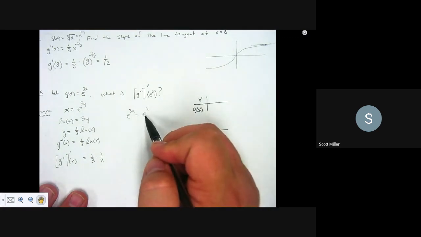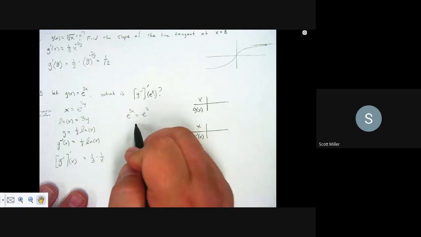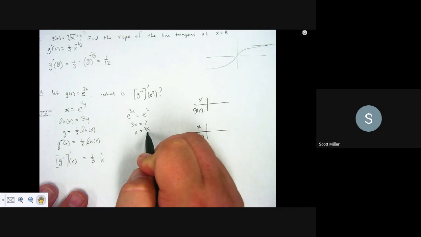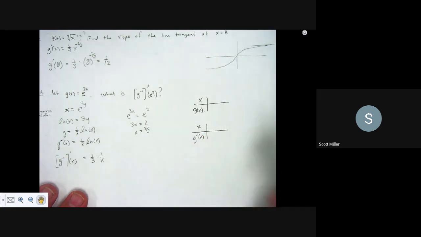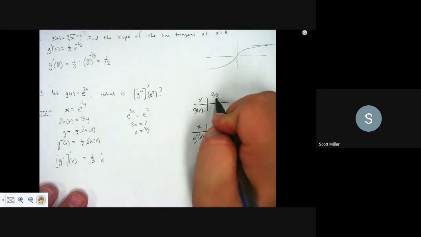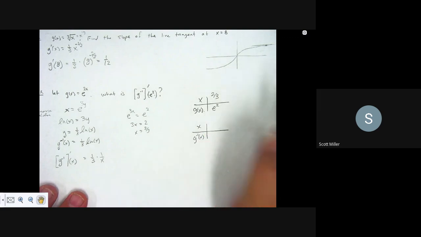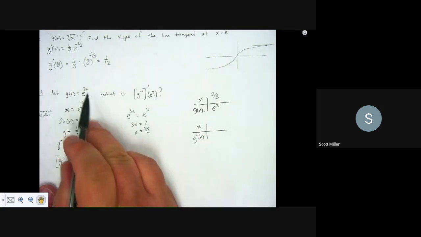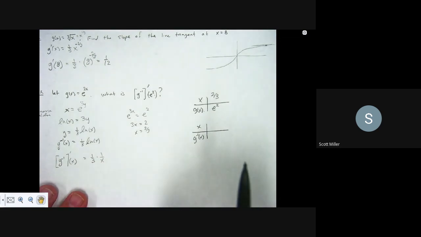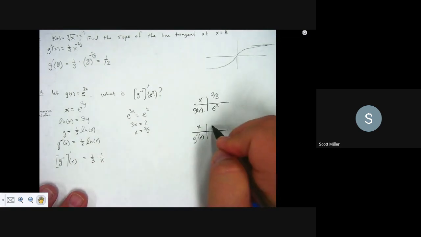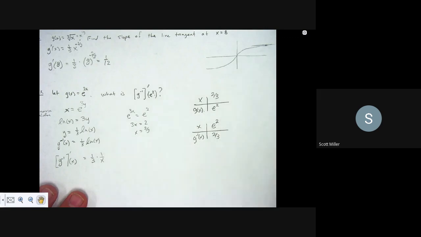Okay, so by doing that, I can then solve this out using our solving rules. And I know that x has to be 2/3. So what this means is when x is 2/3, g of x is going to be e squared. Right? Plug in 2/3, e squared. Which means, because this is the inverse, if I invert this, e squared is going to be 2/3.